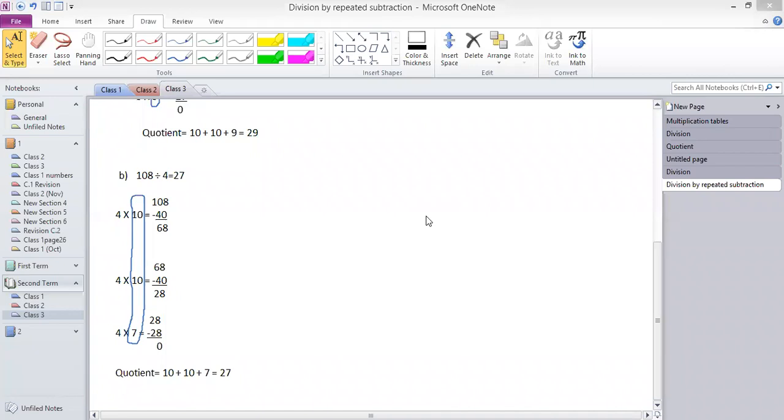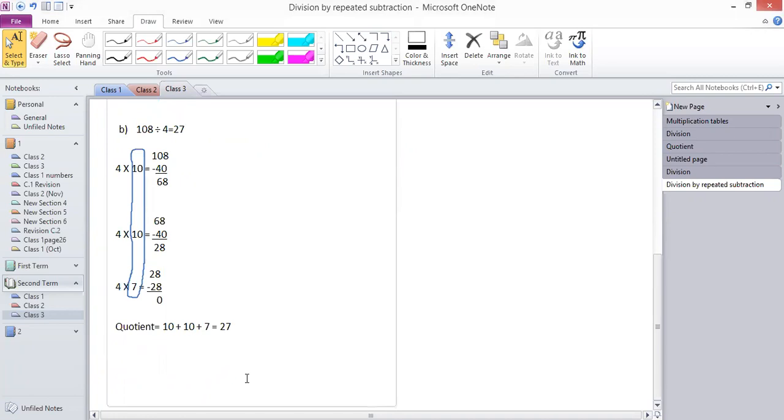The next question is 190 divided by 5. 190 divided by 5.